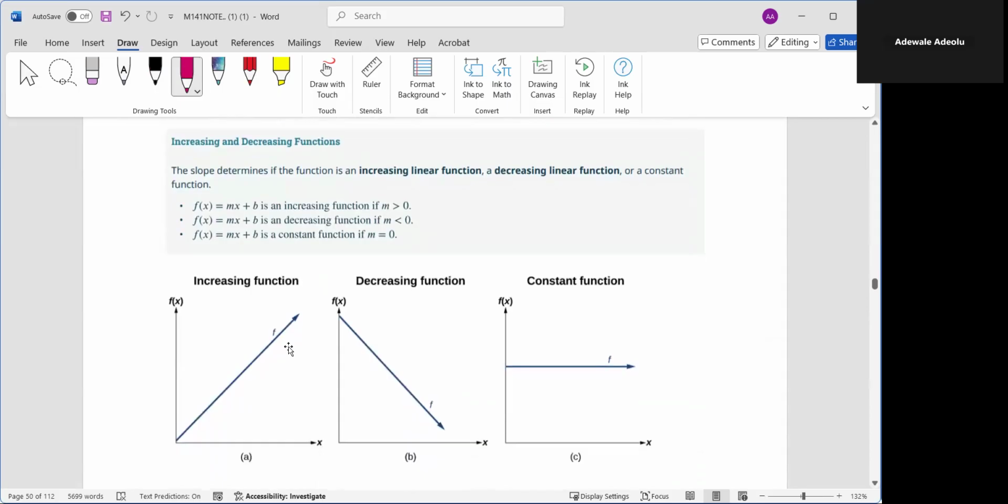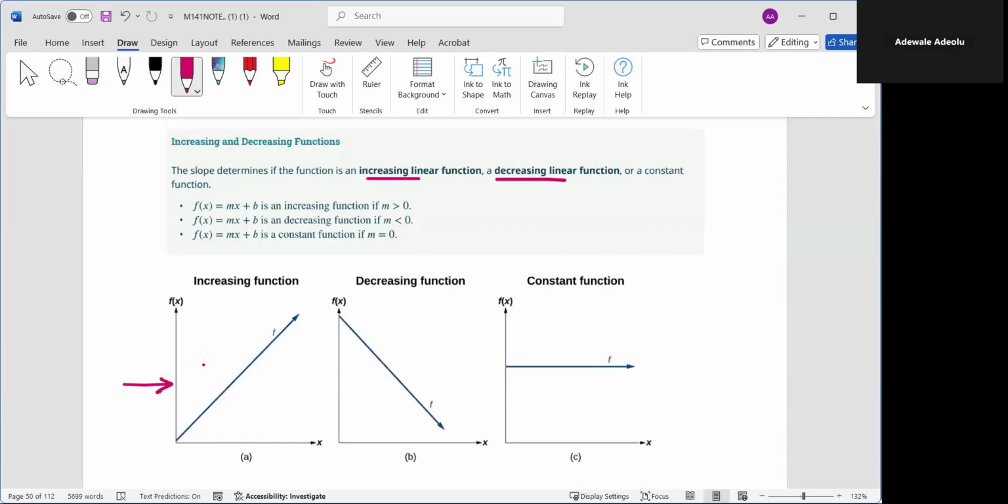Now let us look at increasing and decreasing functions. The slope determines if the function is increasing, decreasing, or constant. So we have this situation. Remember, we always read a graph from left to right.